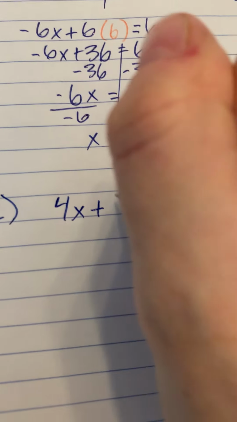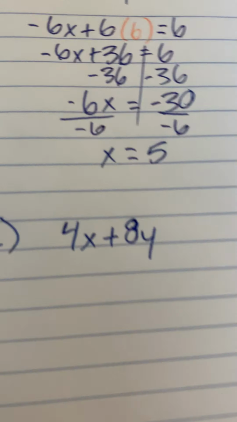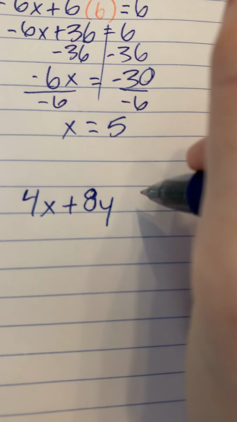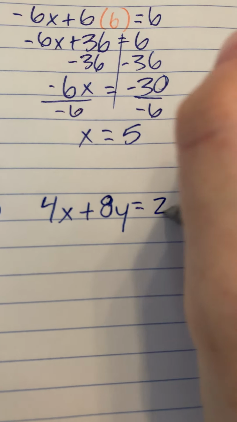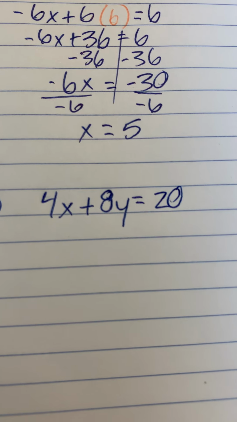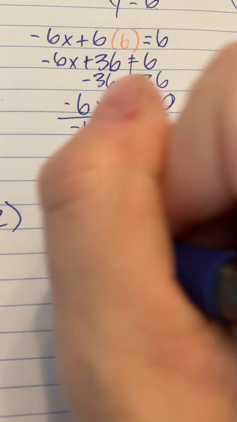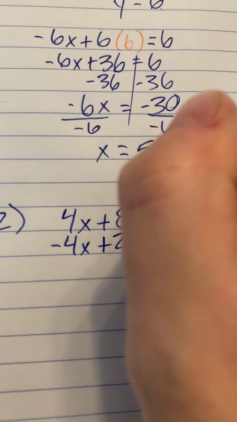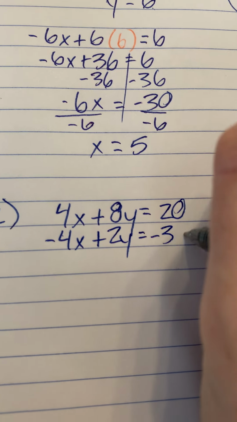4x plus 8y equals 20. The second equation is negative 4x plus 2y equals negative 30.